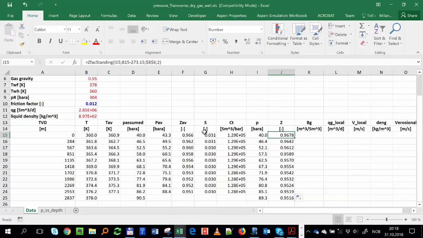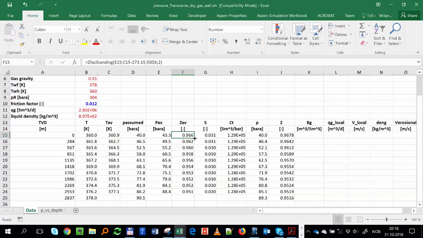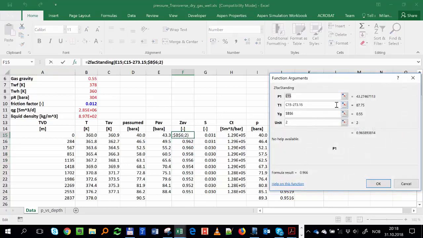So the change that I made in this column F, instead of taking C15, you have to subtract 273.15, to take it from Kelvin to Celsius. And then I have to drag it down once more. And do the same in the G1.